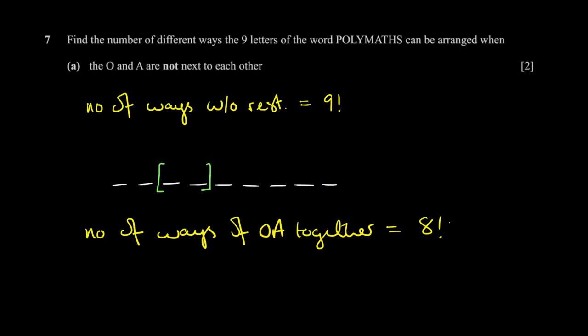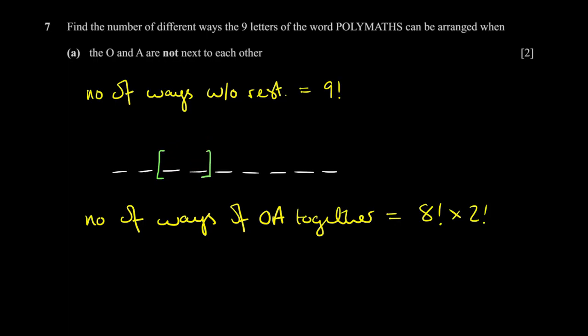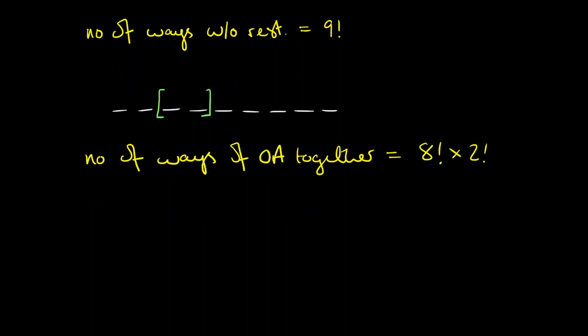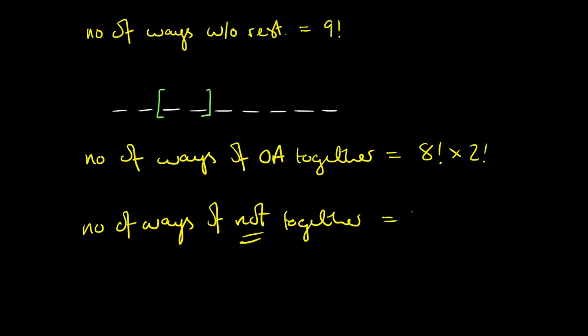Because for each one of those 8 factorial ways of arranging all the big items, there's a further 2 ways of arranging O and A. So let's say the big item was here, I could either have O here and A there, or A and O in the opposite order. Okay? So then the number of ways if not together is going to be equal to 9 factorial minus 8 factorial times by 2 factorial.